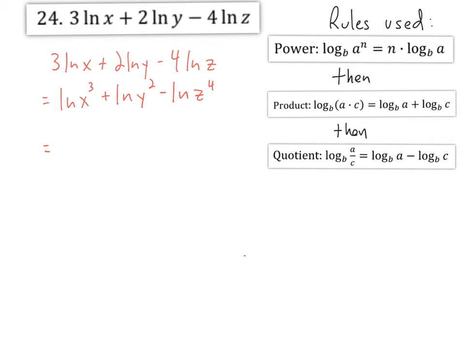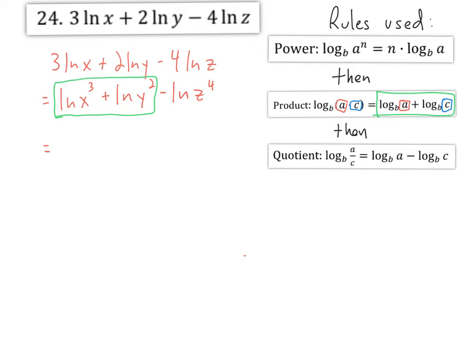Okay, next step, we'll basically focus on these two first. Same thing, we're going to be using a rule kind of backwards. So now we have this right-hand side, 2 logs added that have the same base. And so the arguments of each of these, we'll just combine into one log and multiply those 2 things together.